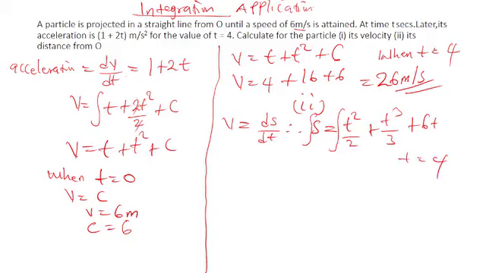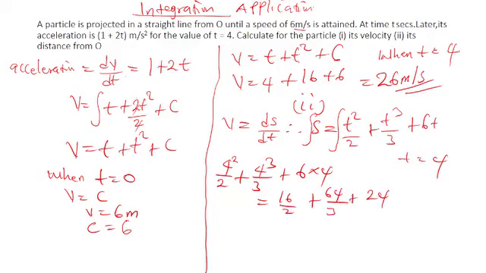T is equal to 4 at this point. We now have 4 raised to power 2 over 2 plus 4 raised to power 3 over 3 plus 6 times 4. So we now have 16 over 2 plus 64 over 3 plus 24, which will give us 160 over 3 meters.